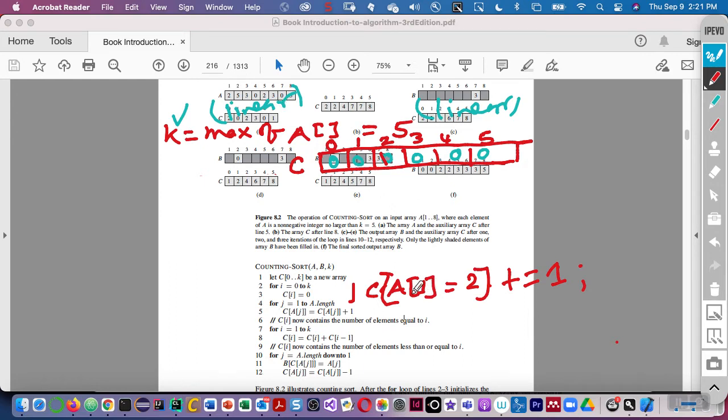So A of 2 will be 5. Then C of 5, initially it was 0, and that will be incremented by 1, so that will be 1.